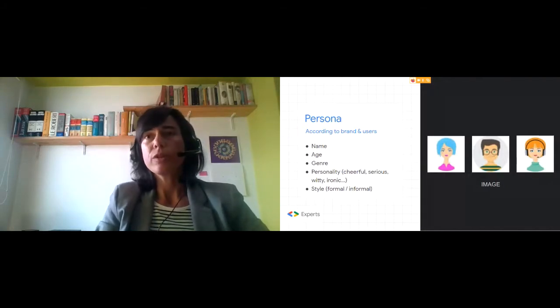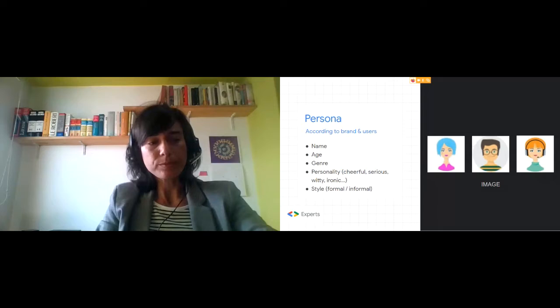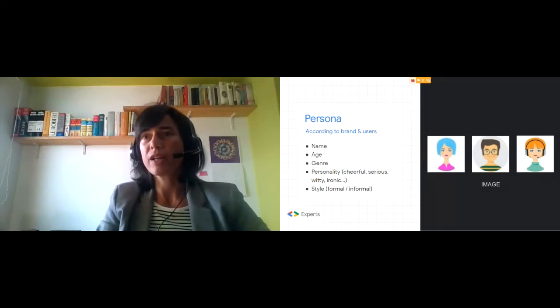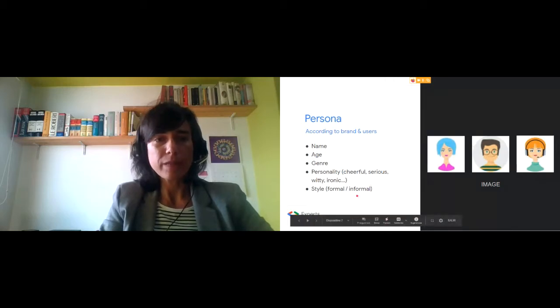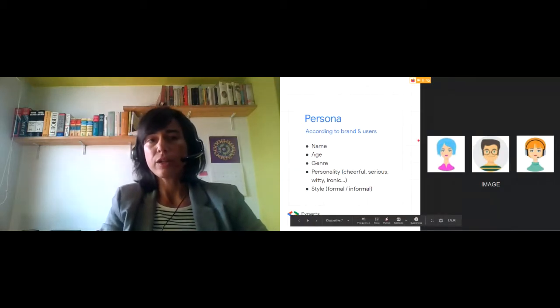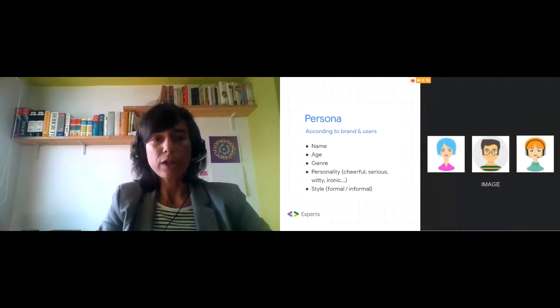You have to think that your users or clients are talking with your action. So it's closer to them if they have a character that they can interact with. So the best thing we can do is create a character, choose a name, what age our character is going to have, what gender, what kind of personality it is going to show, and also the language style, if it's going to talk in a more formal or informal way.